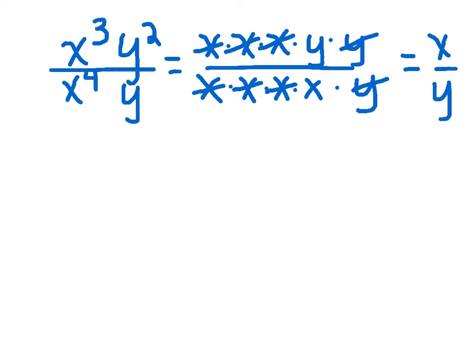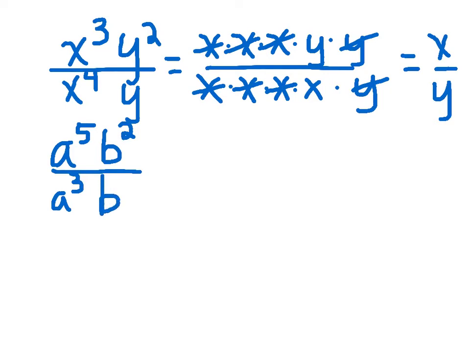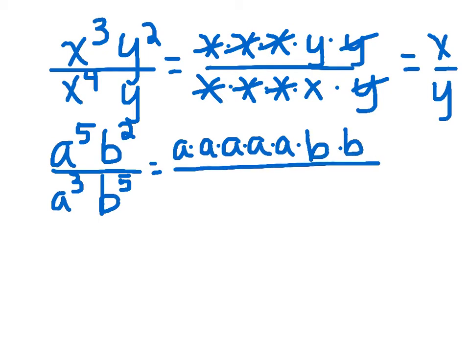Let's talk about something where the exponents are kind of obvious. If I say a to the fifth b squared over a to the third b to the fifth, even though this takes a lot of room, I have 5 a's multiplied together when I open up that accordion, times 2 b's, b times b, and then I have a to the third, b to the fifth.